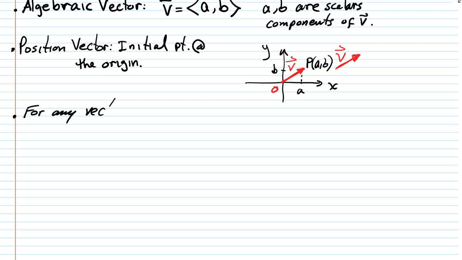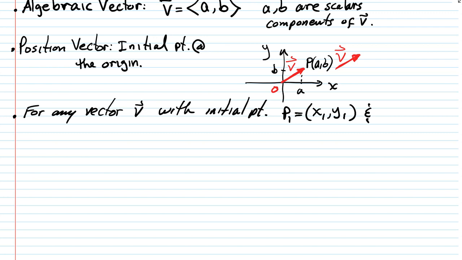For any vector V with, let's say, my initial point at some point, x1, y1, and P2 is the terminal point of the vector at x2, y2, so that the vector V can be formed as P1 to P2 with an arrow on it.